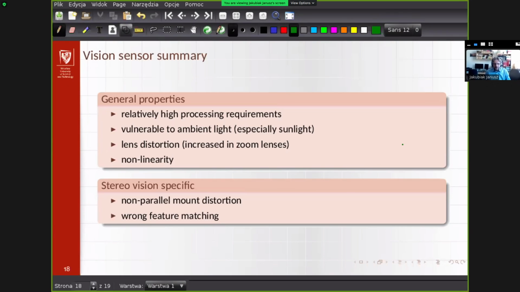Those are the problems, but of course you get a lot with this sensor. If you manage to deal with these high processing requirements, you get a lot of data that you can use. So when you have the simple infrared sensor, you just get a single point, or if you have a single sonar, you have just one single distance.